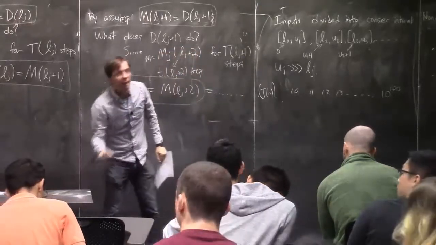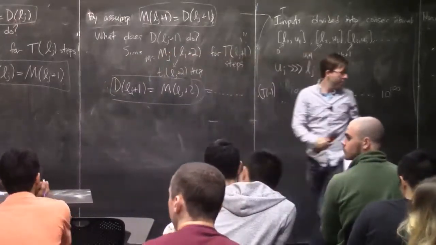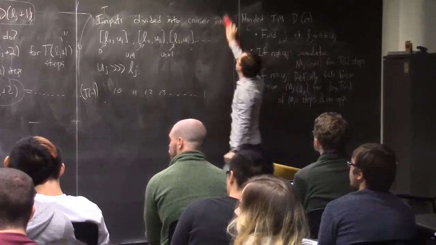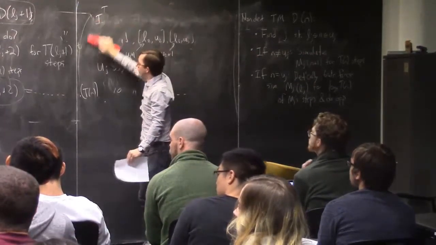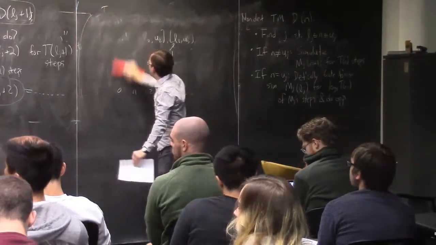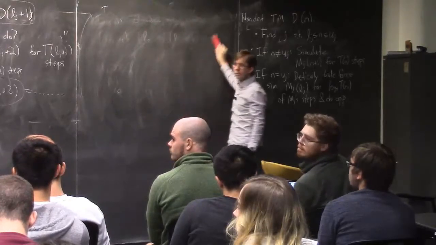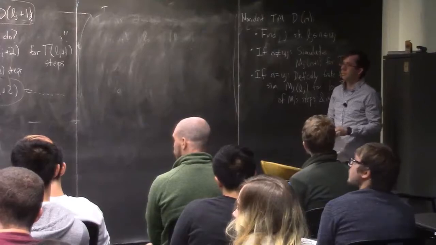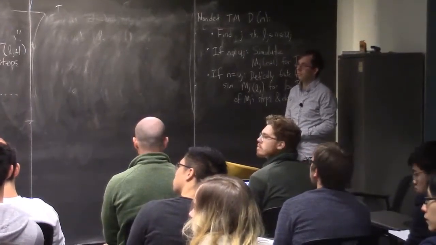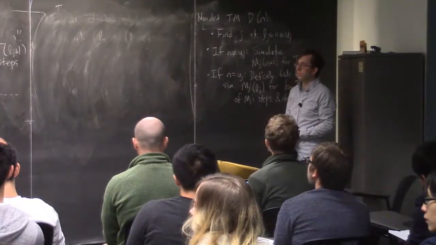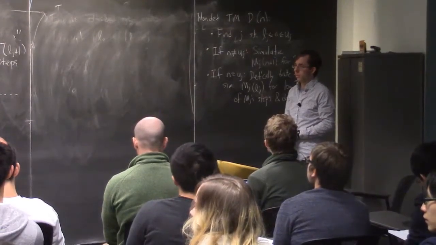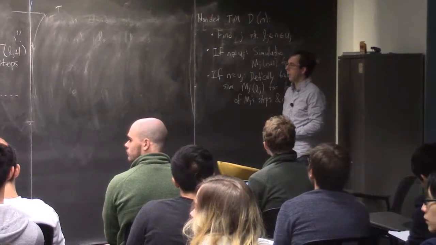Question. So when you say that M of n is equal to D of n, that means that either there exist some random coin flips that lead both of those Turing machines to accept, or for all coin flips both of those machines do not accept, right?